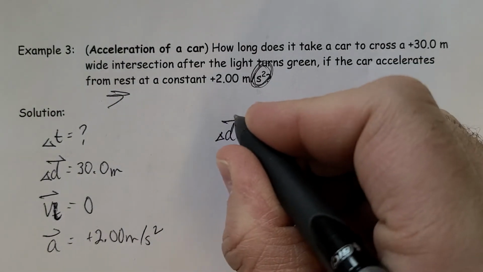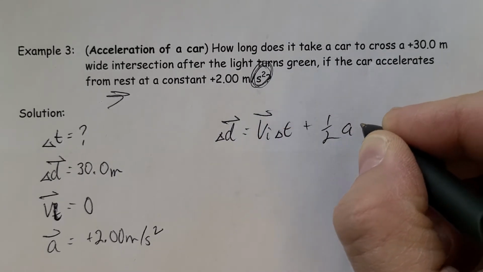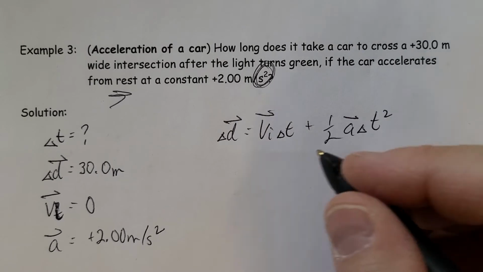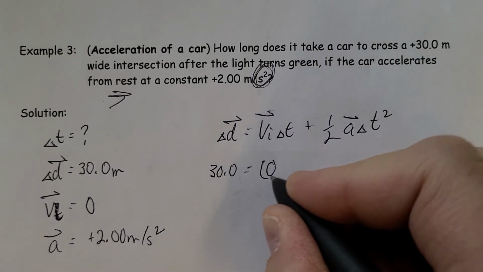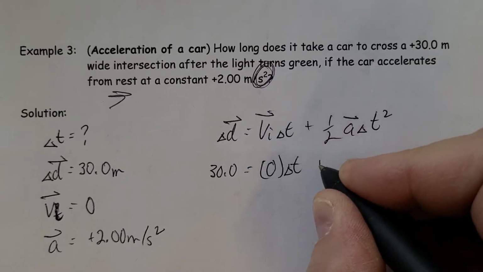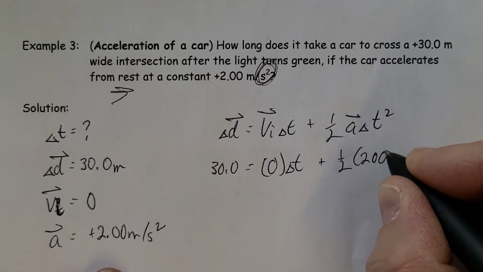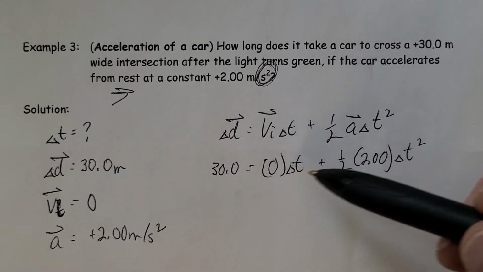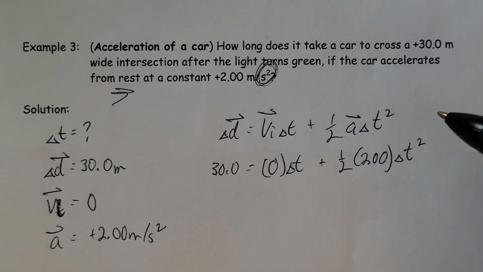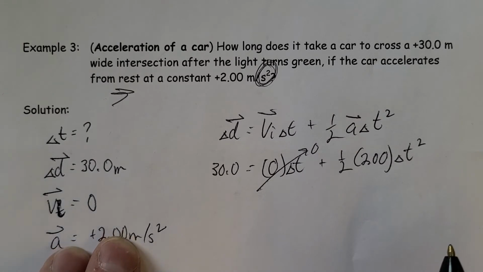So delta D is equal to VIT plus 1/2 A delta T squared. 30 meters is the displacement, starting from rest, and 1/2 of A, which is 2, and T. Now, thank goodness we have VI equals 0, because this would be a quadratic equation otherwise, and we'd have to factor or use the quadratic formula. But since that's a 0, this whole thing is going to be gone.